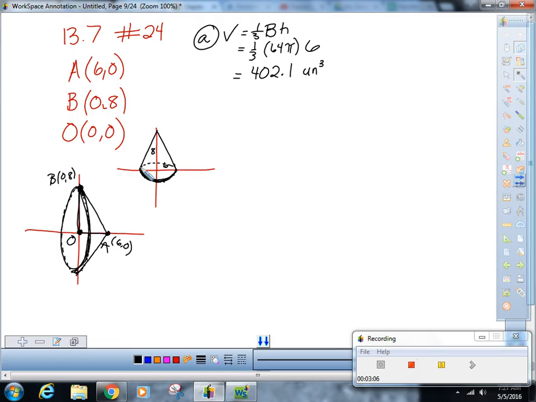Very similar process here. Volume is 1/3 times, this time 36 pi, times 8. You might be thinking it's going to be the same answer. It won't be. It should be smaller. 301.6.